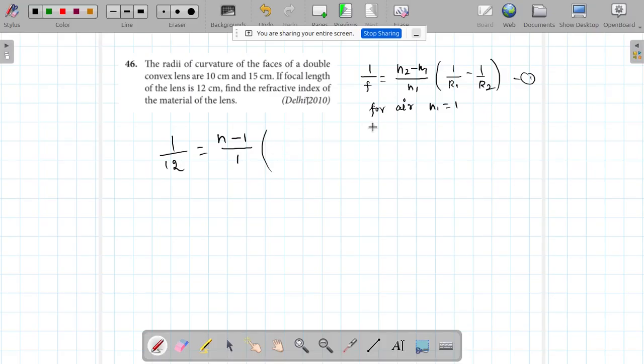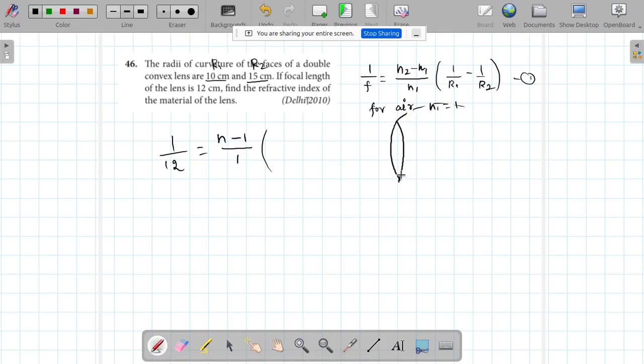And about the radius of curvature, the first surface is R1 and the second is R2. Suppose you have a doubt, this is a convex lens.